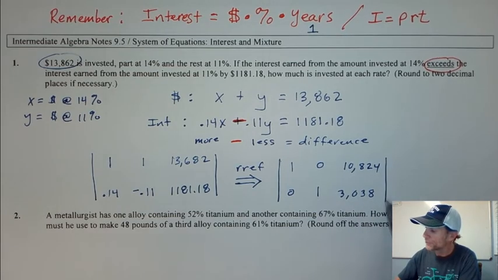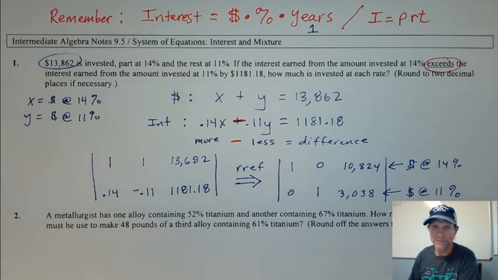So this is the dollars at 14%, and this is the dollars at 11%.